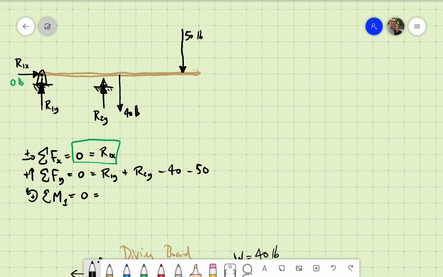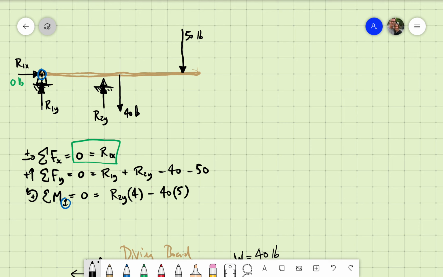The moments, we don't consider a moment from R1x or R1y again, because they shoot through the pin itself. But we do have the positive R2y times 4. We have still the negative 40 pounds times 5.